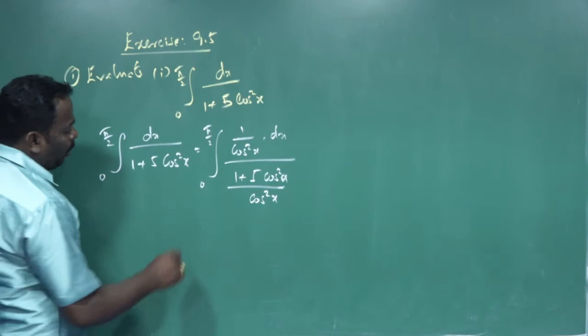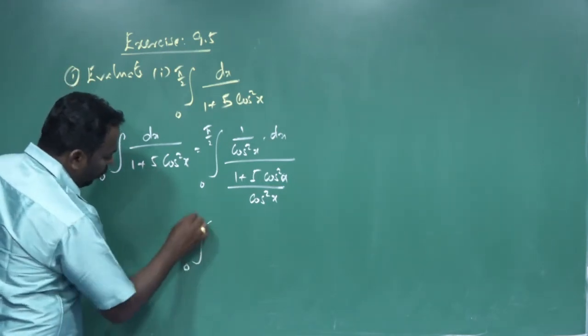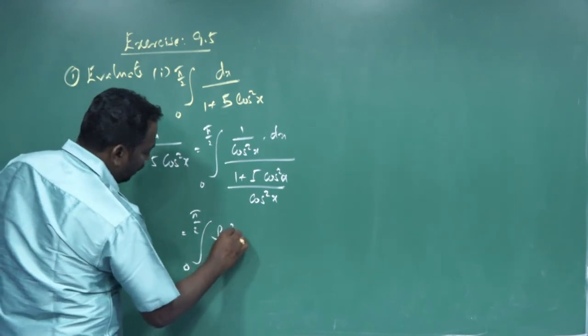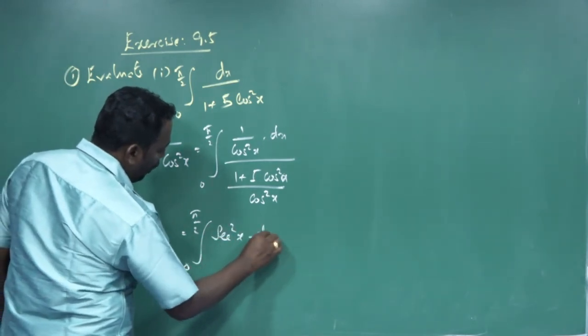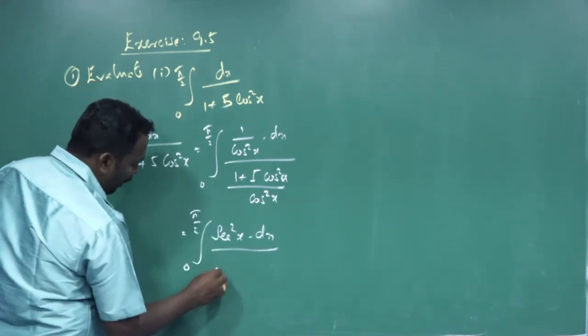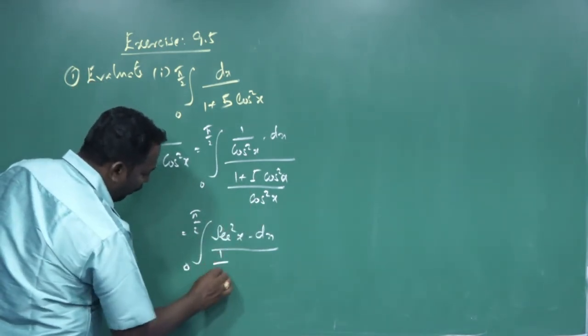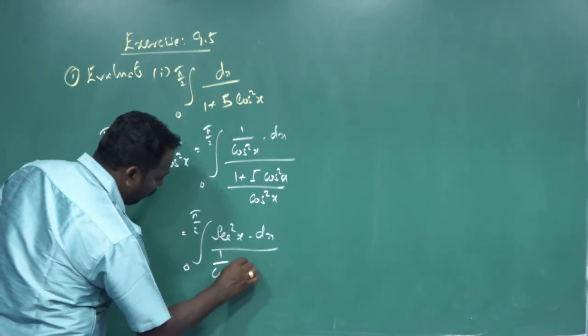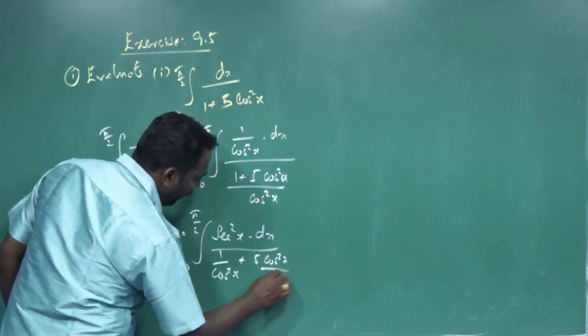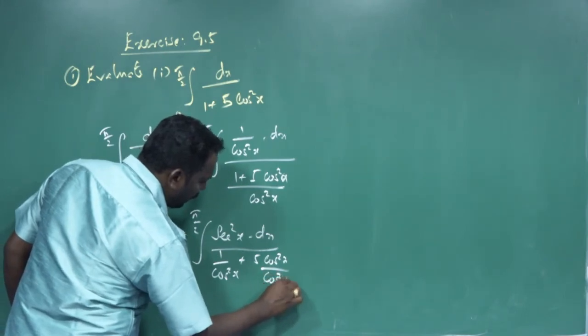Now that is equal to the integral from 0 to pi by 2 of 1 by cos square, which equals secant square x, into dx, by separating the denominator: 1 by cos square x plus 5 cos square x by cos square x.